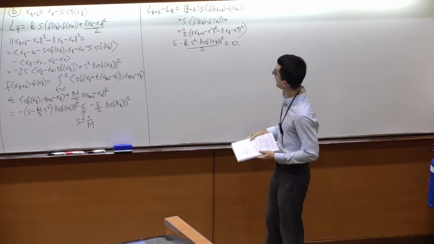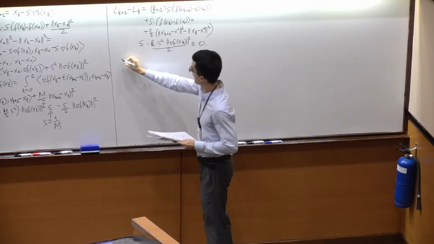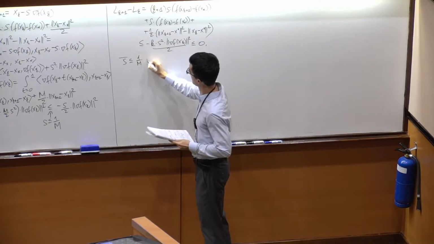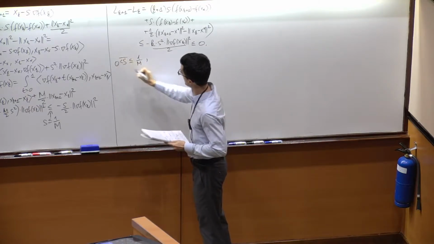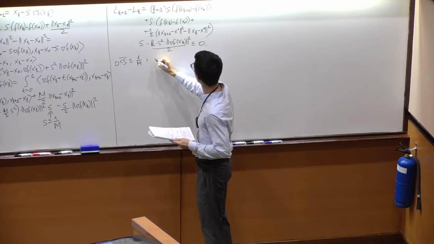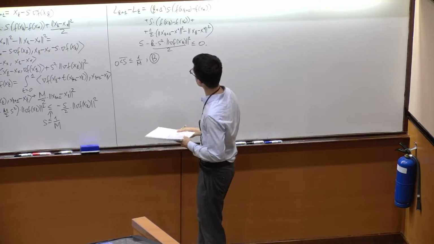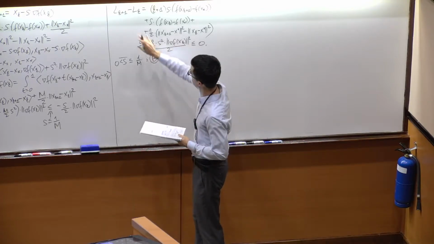So the only condition that we had is that s is less than or equal to 1 over m, and of course you need assumption B. So what does this imply?